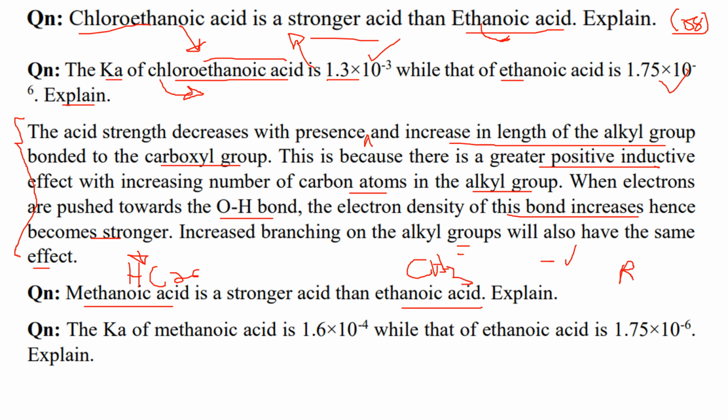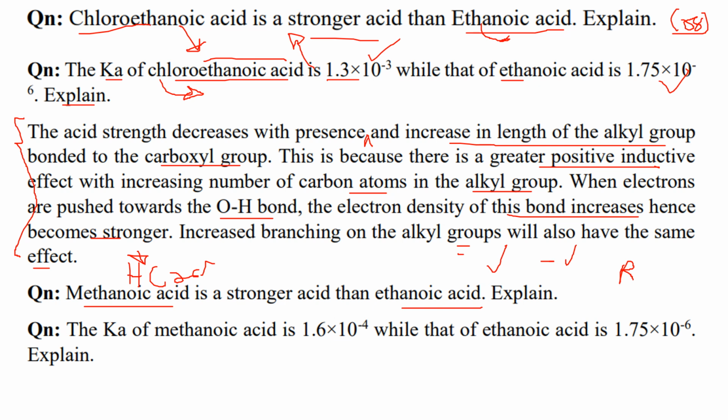So we expect the OH bond to be weaker in this one, therefore it will easily release protons in solution compared to this one, because it has an alkyl group which exerts a positive inductive effect, and then it will not easily release protons in solution, just like the explanations that you have been given above. Since it's a question, you are prompted to try it out and then either consult your teacher or reach me out for guidance.